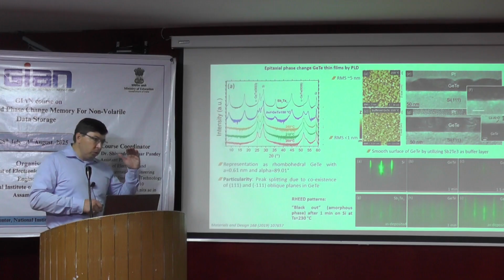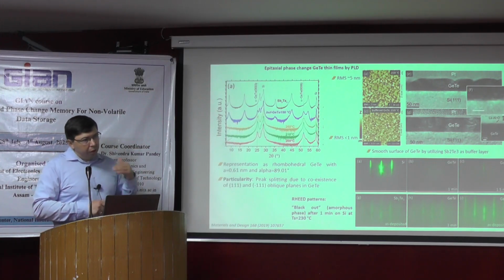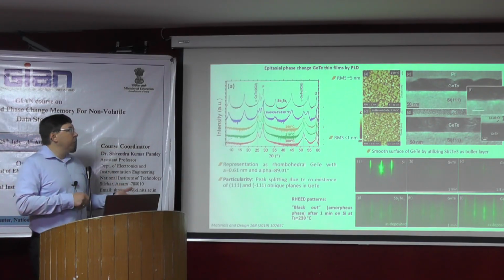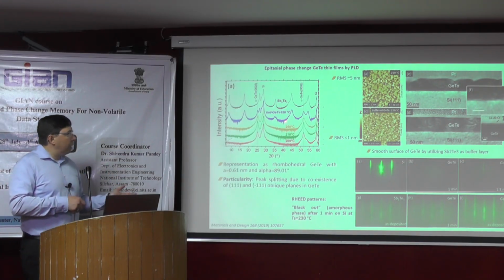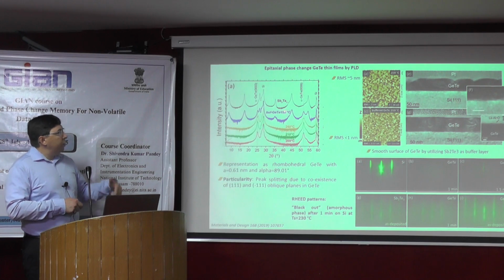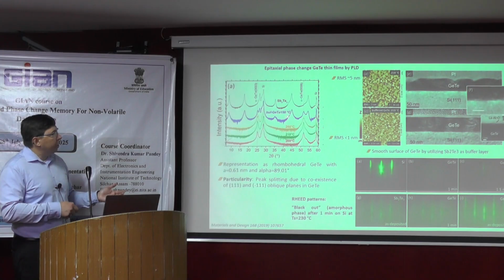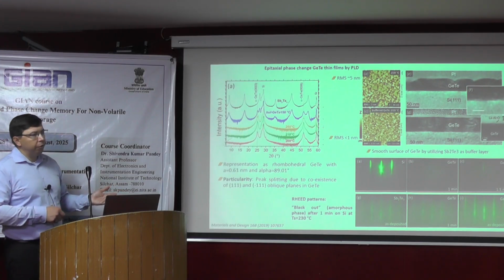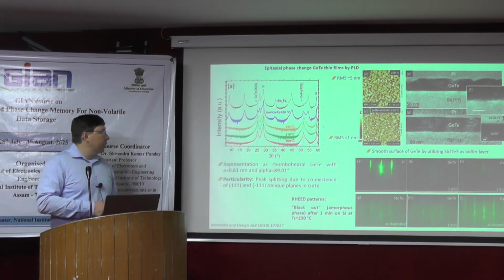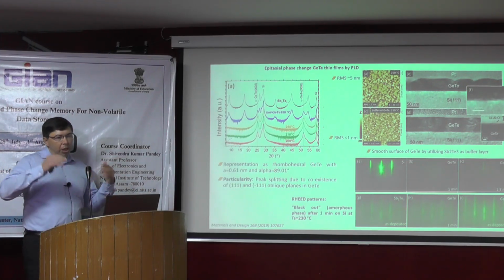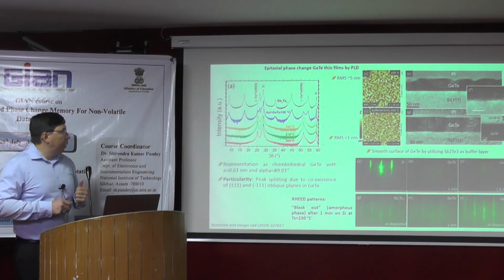You can even reduce the crystallization temperature of this material if you use a buffer layer of antimony telluride. So we deposited antimony telluride, and then we grew germanium telluride, and then we can produce this material starting at a temperature of 150 centigrade. So this is interesting, how you can manage the crystallization temperature in the case of epitaxial growth.